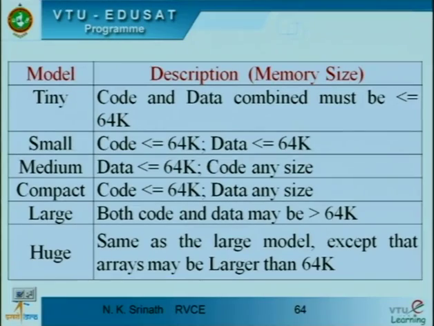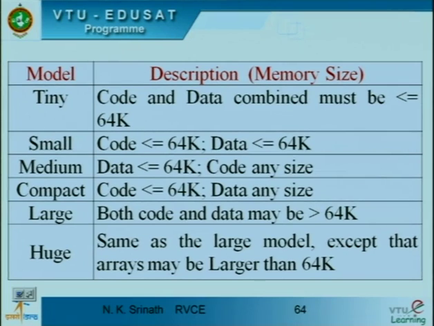So we have different types of constructs which we have listed in this table. We call this one tiny. It is not small, it is tiny. .model tiny says that the code and data combined together must be less than or equal to 64K. If you write .model small, we have a separate 64K of code and 64K of data.